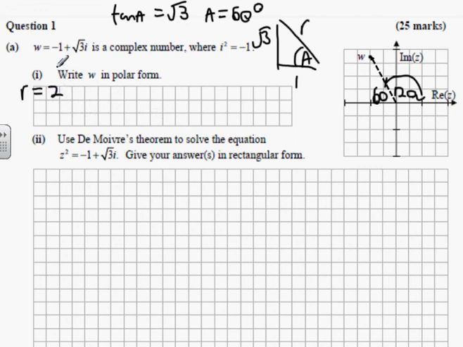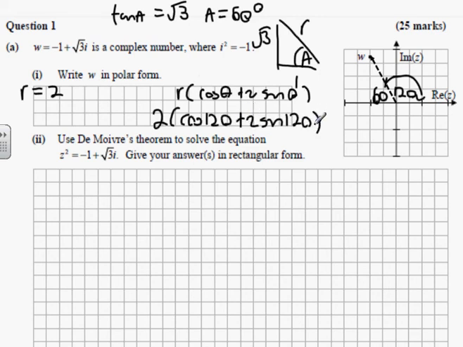Now, once you're done with that, what you're going to do next is you are going to use your formula, r cos theta plus i sin theta. You're going to get 2 into cos 120 plus i sin 120. Going for 5 marks only. Okay. Next question.